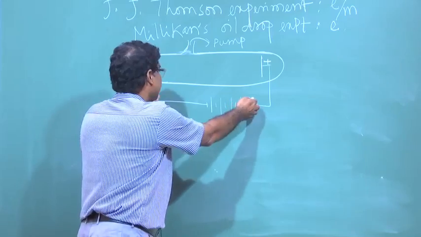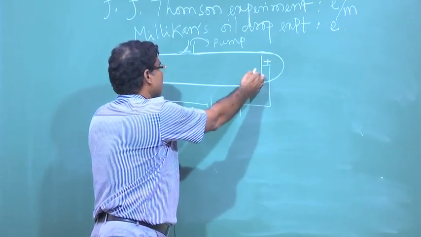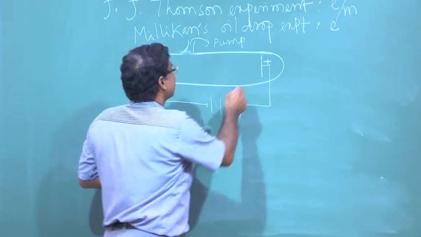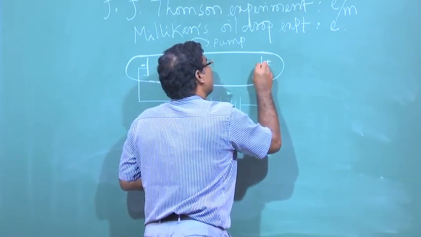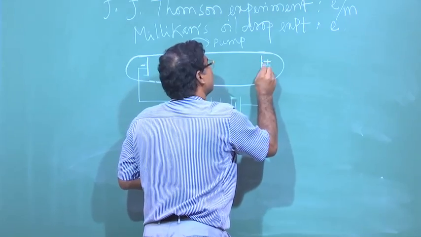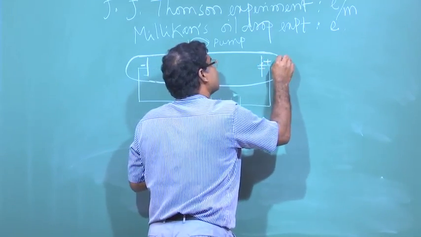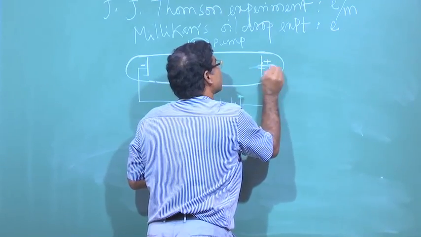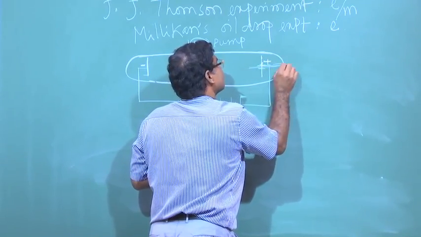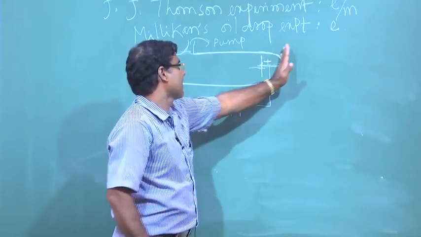Now, if you apply a very high voltage between the cathode and anode, and if there is a hole here, it is found that there is a ray passing through it and hitting this edge.